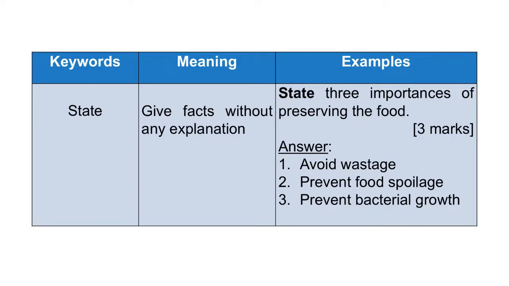Number 2, prevent food spoilage. Number 3, prevent bacterial growth. What about if you state more than 3 answers? Means you state 2 more answers after number 3. In this condition, only the first 3 answers will be marked.